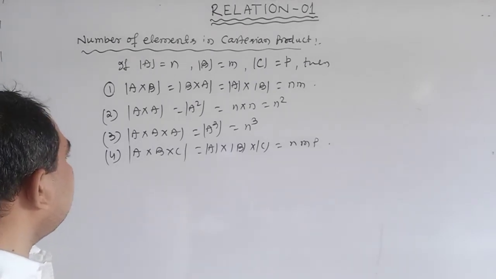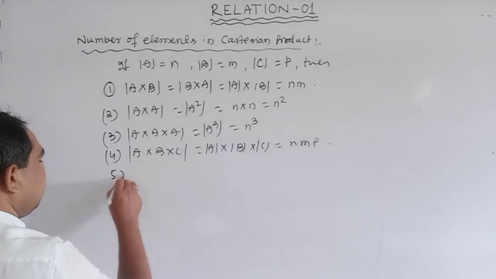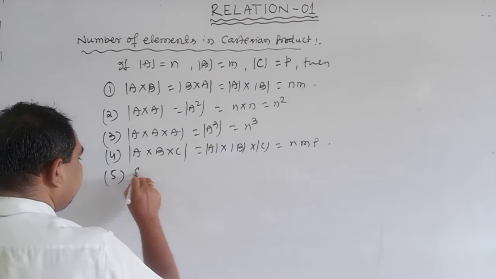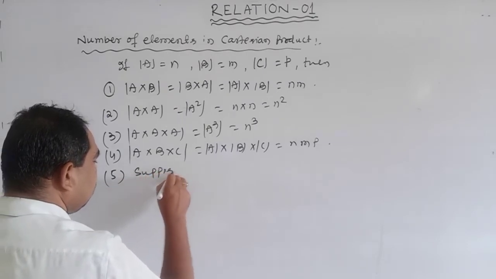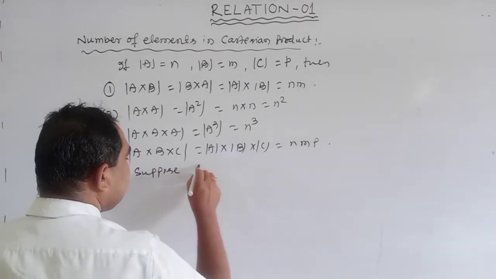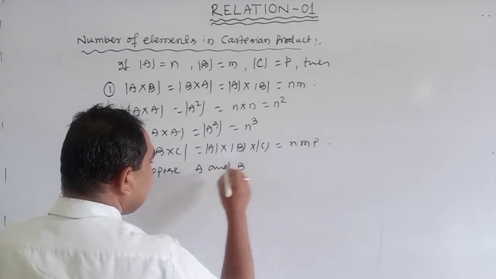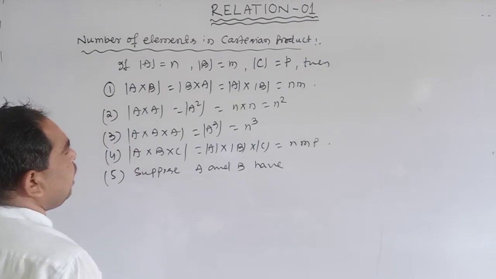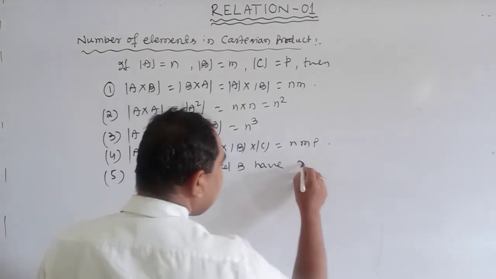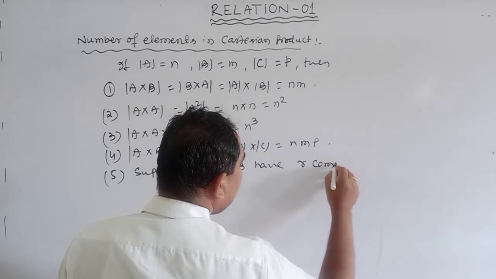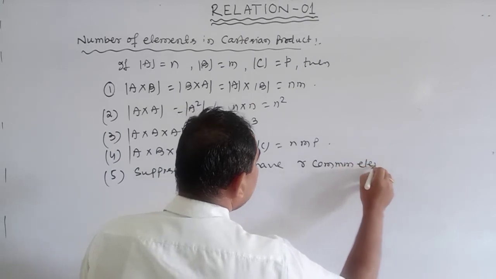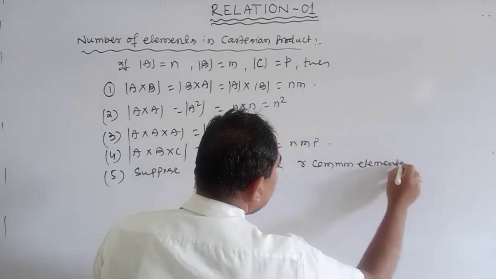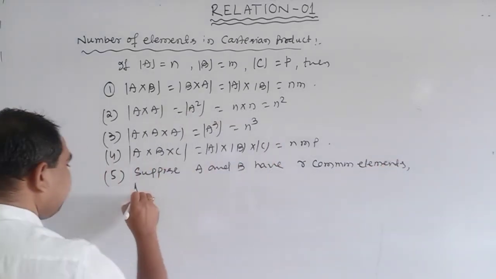Fifth, suppose A and B have r common elements.